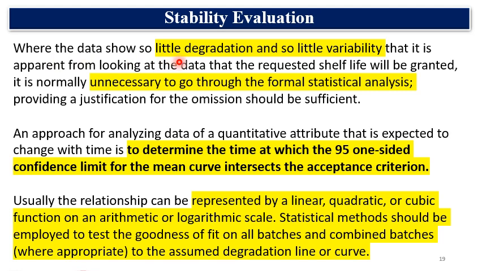Where the data show very little variability or little degradation, that is apparent from looking at the data, and the requested shelf life will be granted, it is normally unnecessary to go to the formal statistical analysis. Providing a justification for the omission should be sufficient. So if the data of the formulation throughout the stability is with less variability and very normal or little degradation as expected, then it is not necessary to go for the formal statistical analysis.